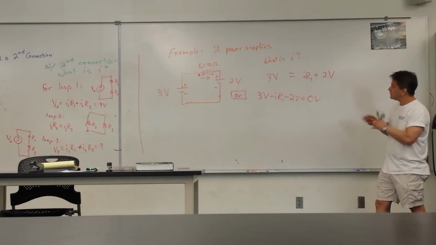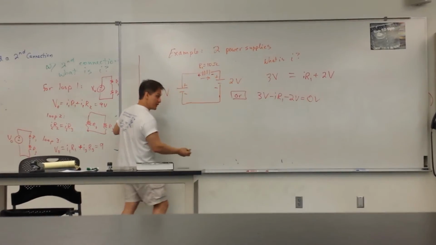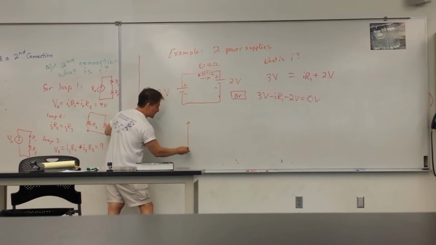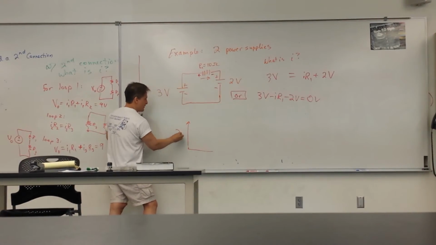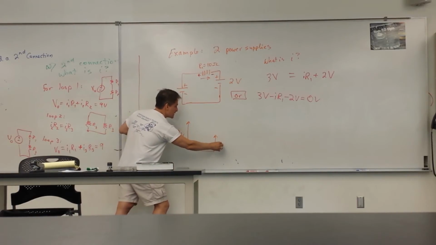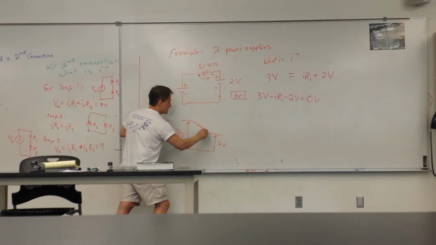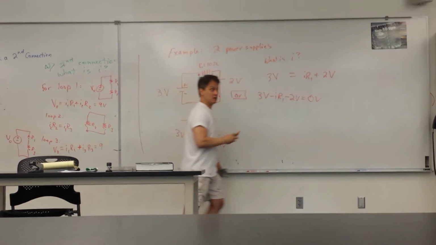So, if I were to draw this, I could say, oh, look at that. If I start from the bottom, I go up 3 volts on this side, and I go up 2 volts on this side. The difference between this and this is this resistor.